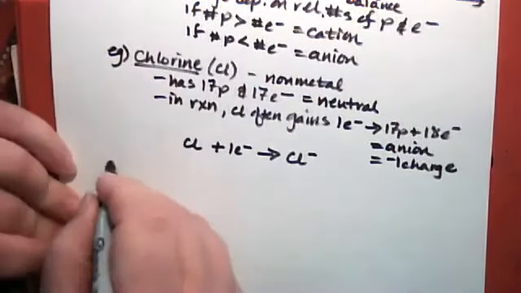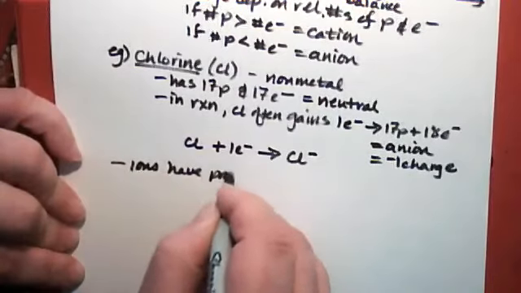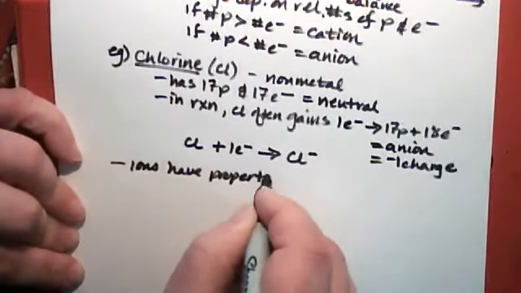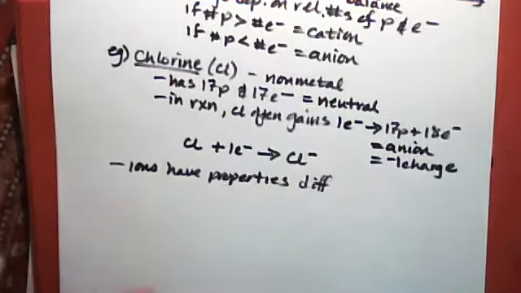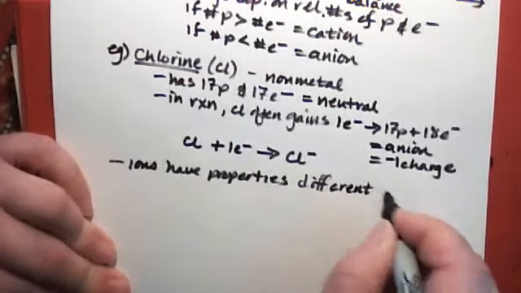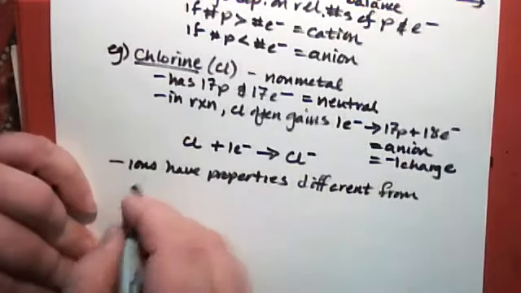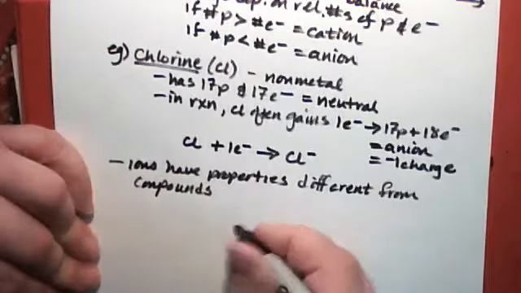Also, ions have properties that are quite different from the compounds that contain them. Just like atoms do.